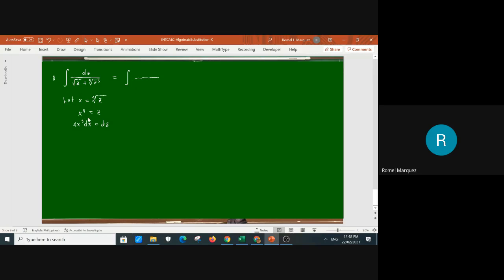So what is the square root? From here, if I solve for it, the square root of z is x squared.